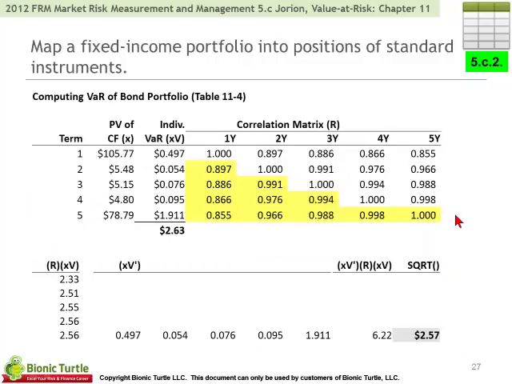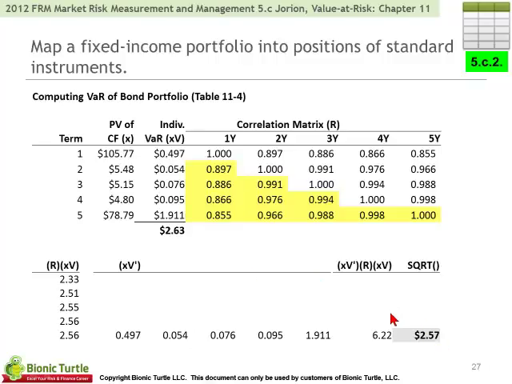And then 5C2 continues to illustrate a concept that Jorion goes into. It's up to you how much time to spend on this, but it's impossible for the exam to ask you to pre- and post-multiply the correlation matrix in order to produce the diversified VAR.